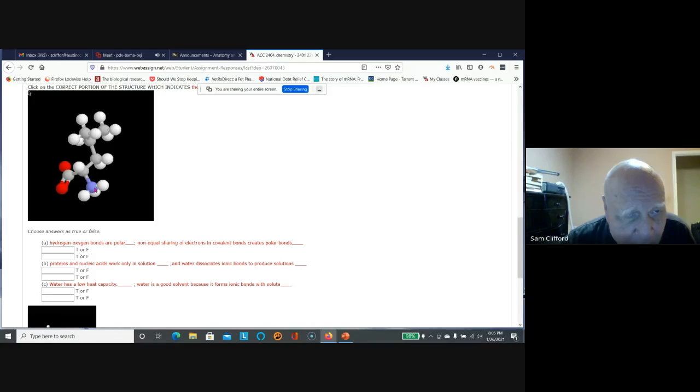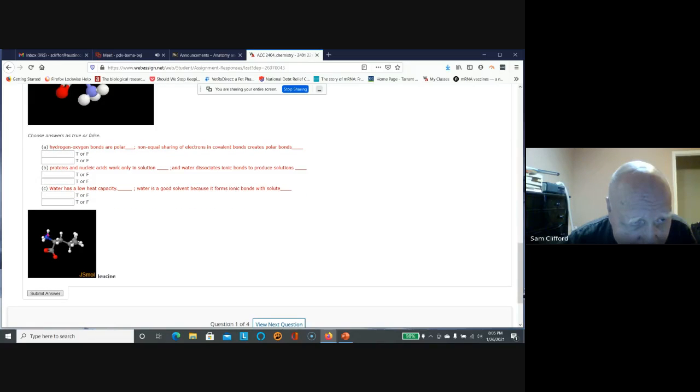This is called the amino group. This is carbon. This is hydrogen. All this part is hydrophobic. It's oily or waxy. It's a hydrocarbon. All it contains is carbon and hydrogen.